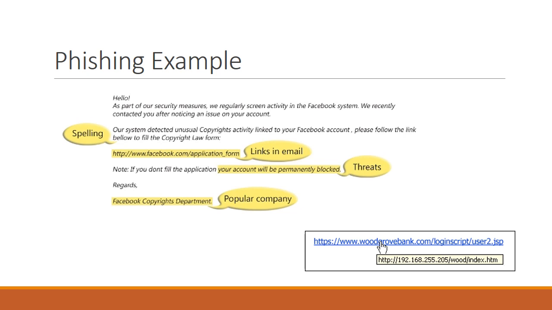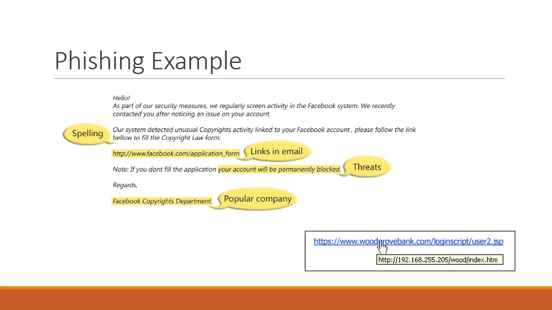One of the best ways to determine whether this is a phishing attempt is to look closely at the link that's embedded in the email. By no means should you ever click on it before you've done a thorough investigation of what you're looking at.